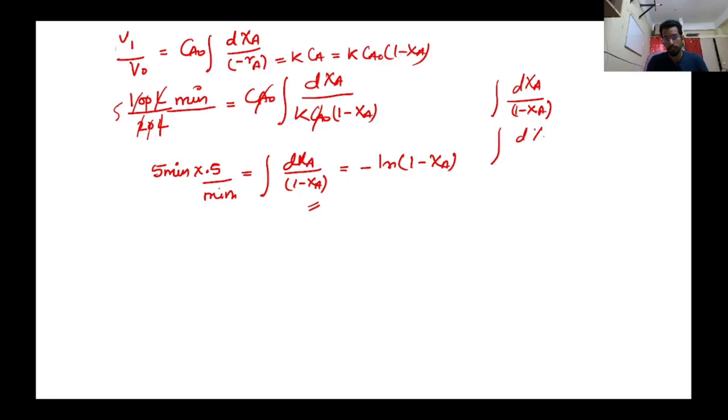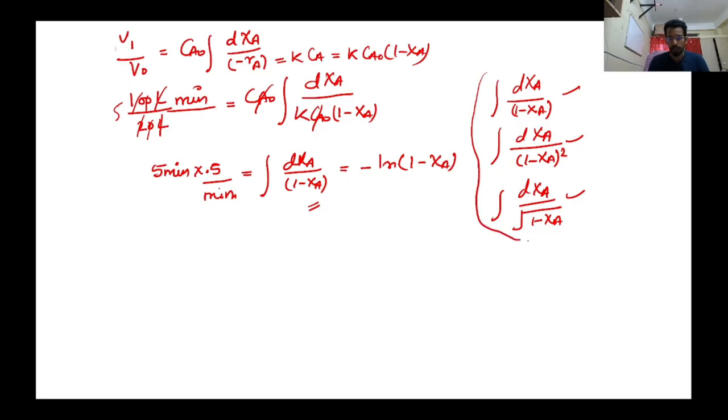Always remember the values of these three. It will save much time in the examination. Just write it directly. I have learned all the values of these three, because in the exam the time is very less, right?